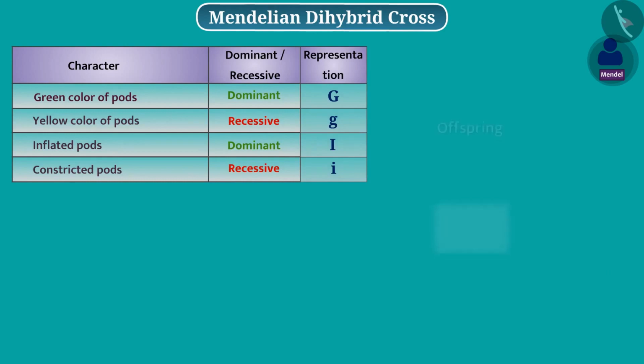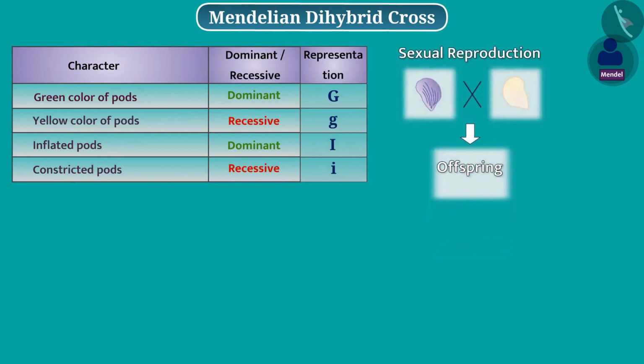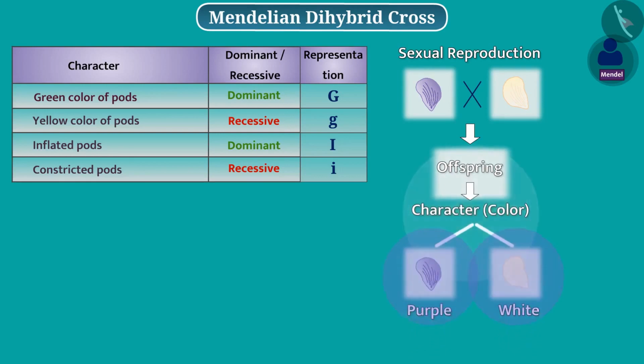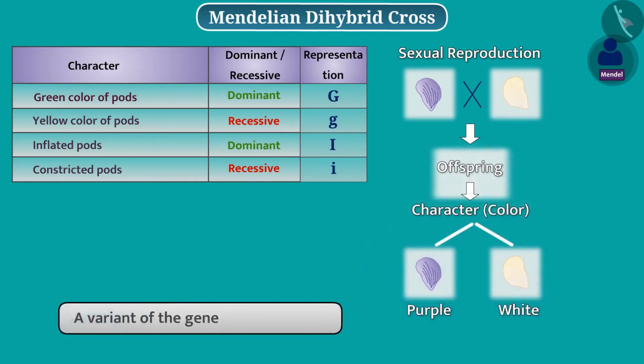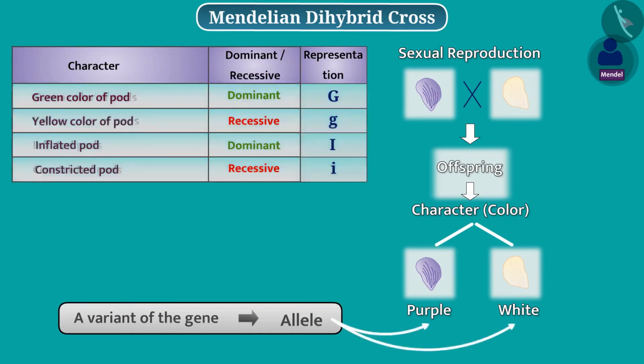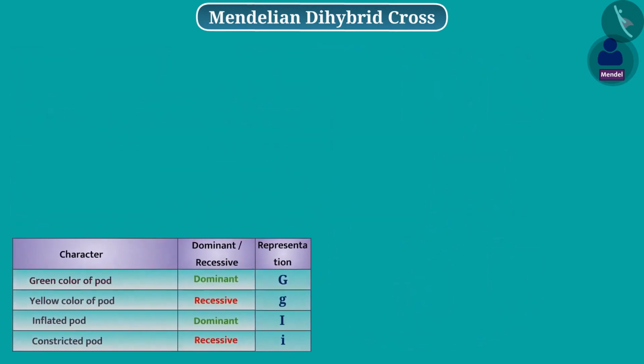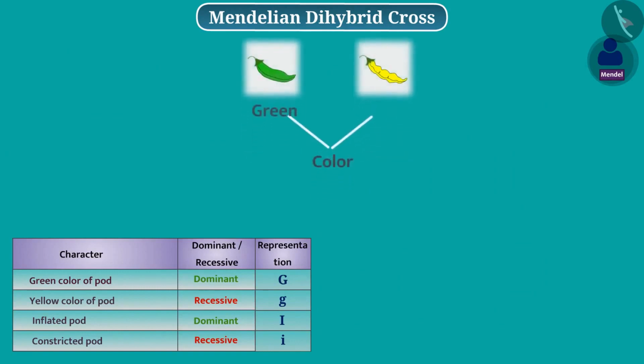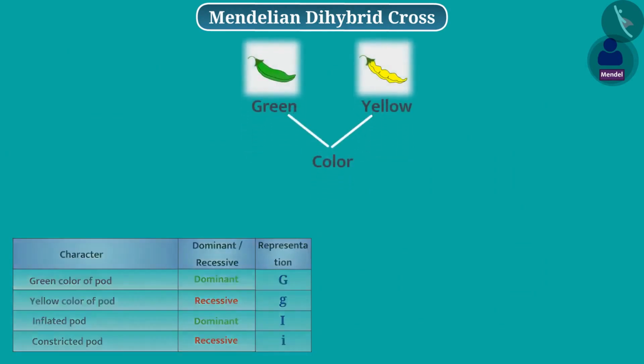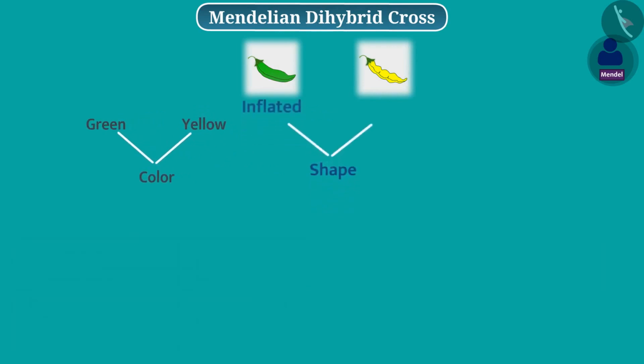We know that offspring produced by sexual reproduction has two options for each character. A variant of the gene is called allele. For example, here there are two forms of pod color, green and yellow, and two forms of pod shape, inflated and constricted.